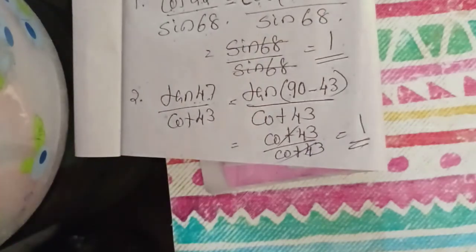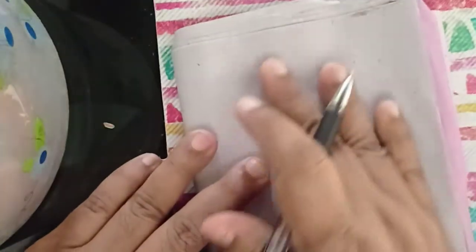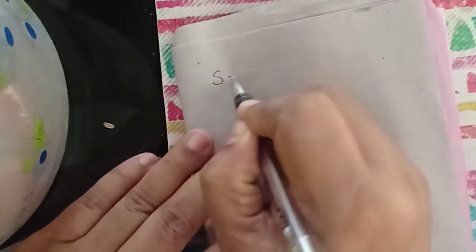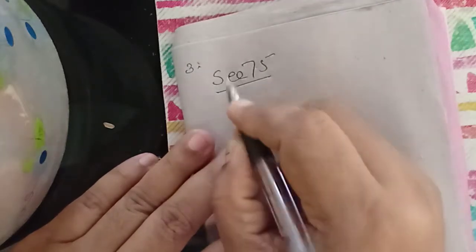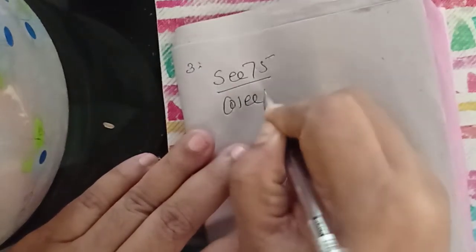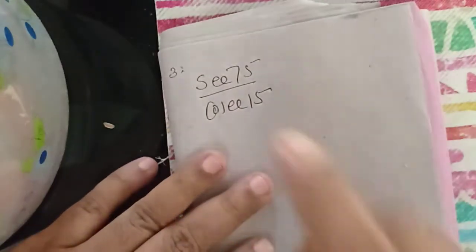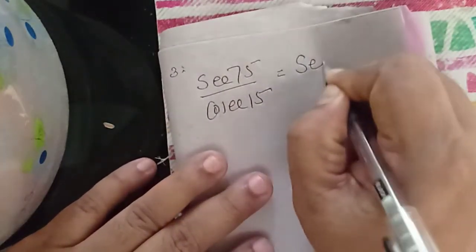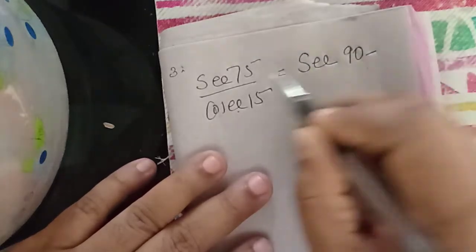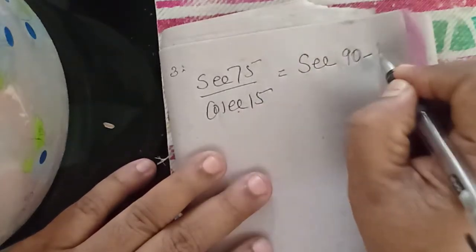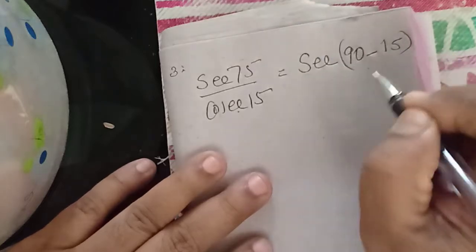Copy this. Third question, sec 75 by cosec 50. Sec itself. Sec 90 minus which angle gives 75? 90 minus 15.